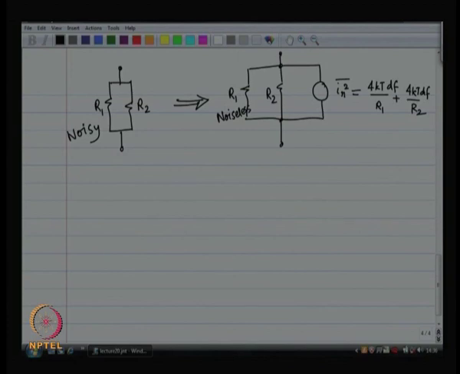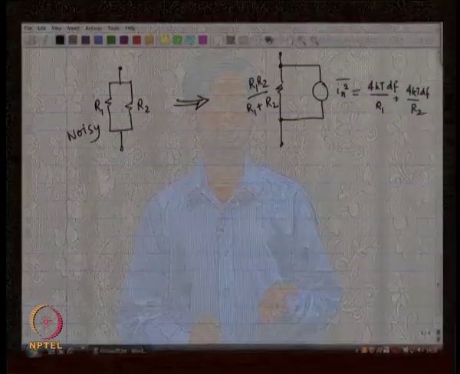Now, of course, I can combine the two resistors to be of value R 1 R 2 by R 1 plus R 2. And if I do so, then I can also transform this current source into its Thevenin equivalent.